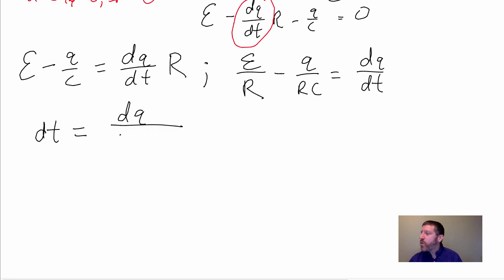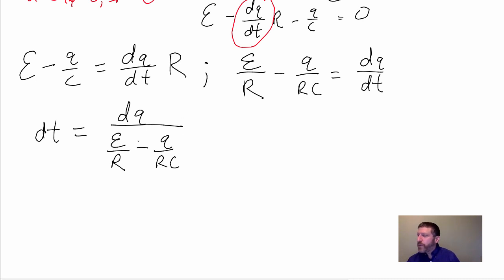So I get dq over E over R minus Q over RC. Now I'm actually much closer to where I want to be. I've got all the Q's on the right side. I've got all the T's on the left side. I've separated my variables.